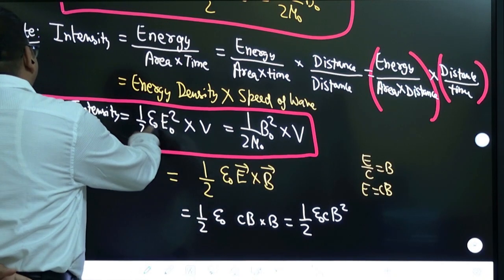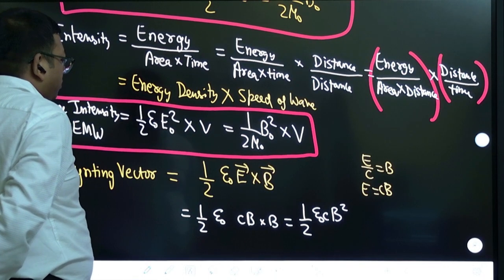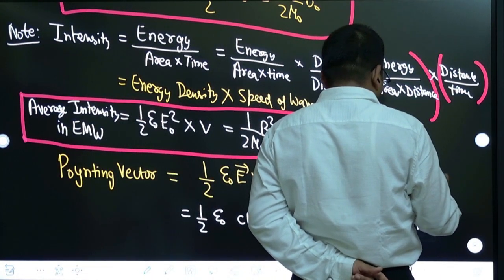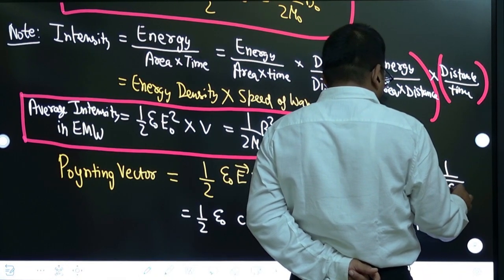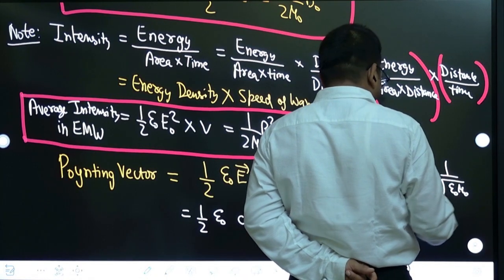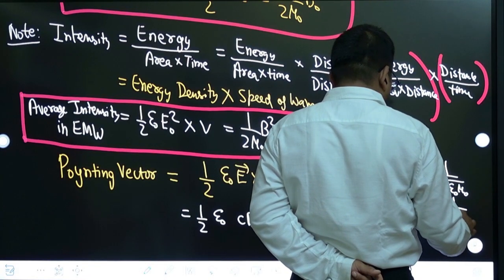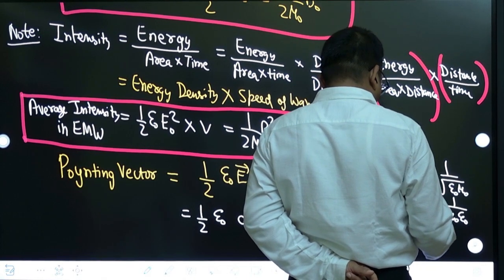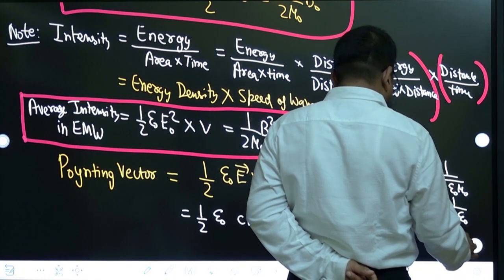Because it should come in this form, 1 by epsilon naught into this. Can we bring that? What is C? C is under root epsilon naught mu naught. C square becomes 1 by mu naught epsilon naught. Right. So epsilon naught C square becomes 1 by mu naught.